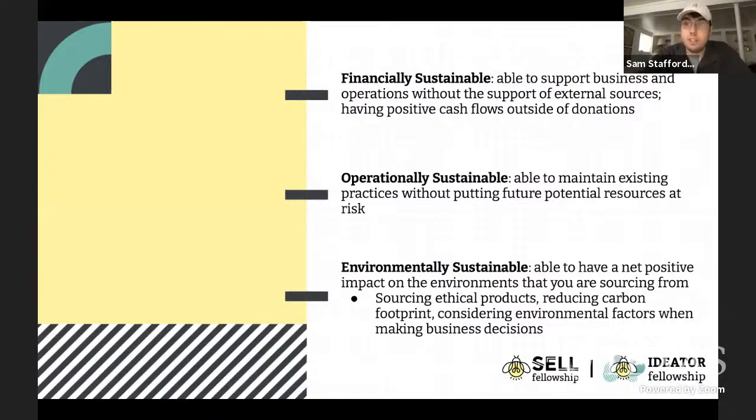So financially sustainable. Is it able to support business and operations without having the support of external sources, having positive cash flows outside of donations? This is something that we really, really stress in our fellowship, financial sustainability. What differentiates a traditional nonprofit from a social enterprise is that a social enterprise continuously has revenue models that are bringing in cash flows.